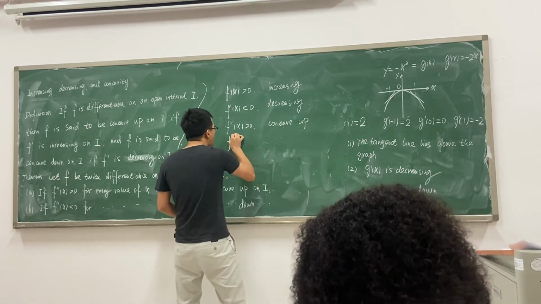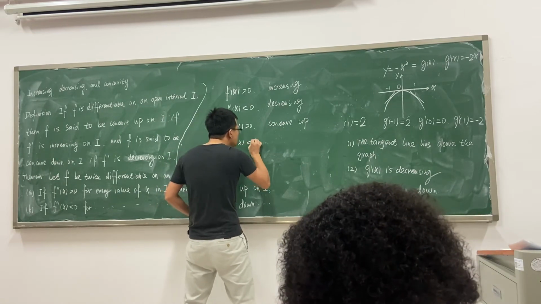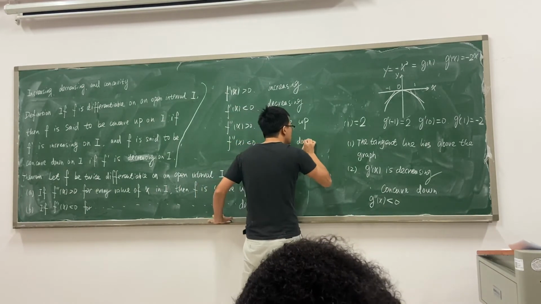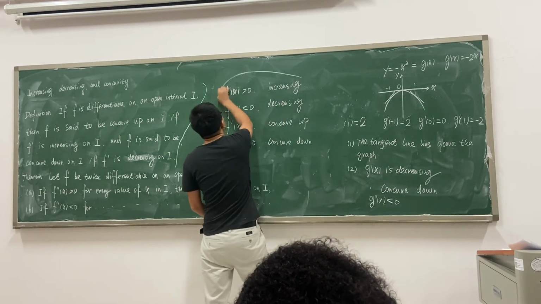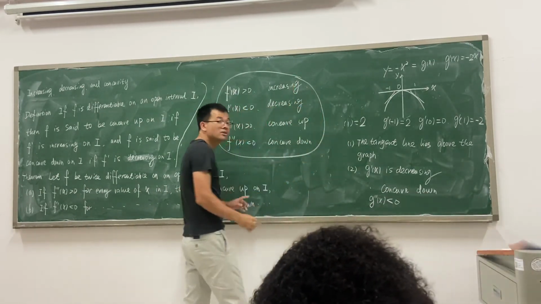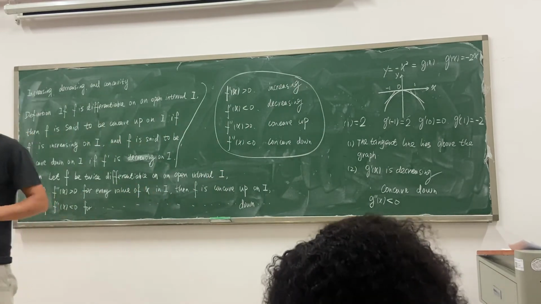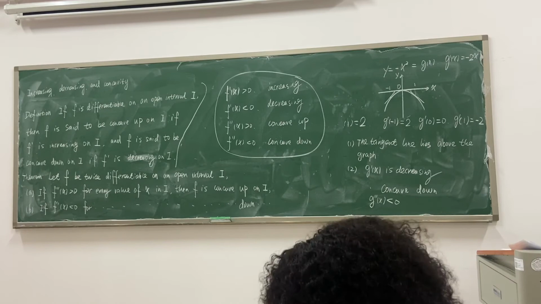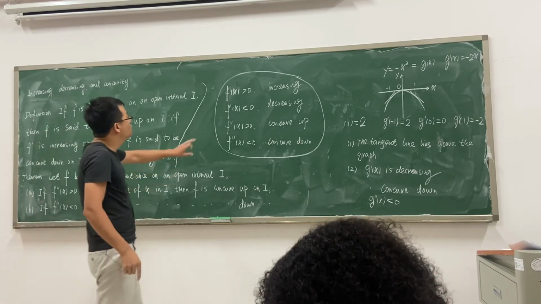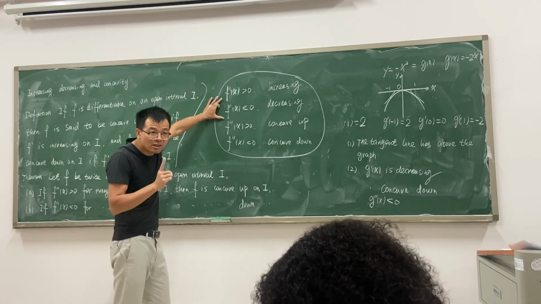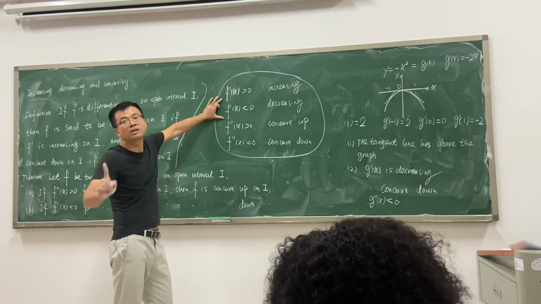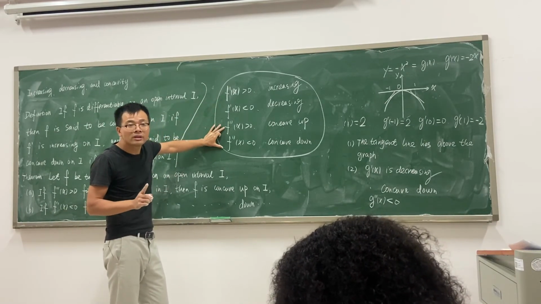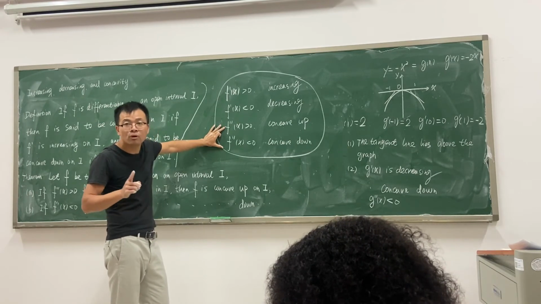And f double prime less than 0, concave down. Just this sentence, so remember it. The first derivative tells us increasing or decreasing. The second derivative tells us concave up or concave down.